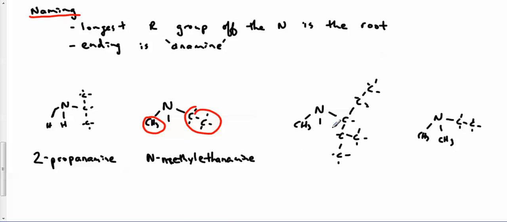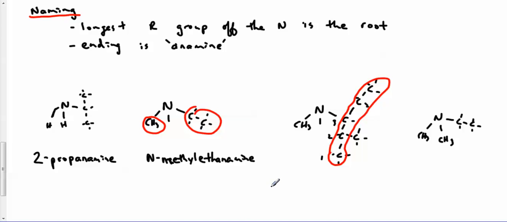Here I'm going back to my red. I've got something over here as my longest chain. Here's my longest chain right here. So it's going to be 1, 2, 3, 4, 5. Pentanamine will be the root, but I've got a methyl group here and a methyl group here. Where are they? I'm going to number this as 1, 2, 3.